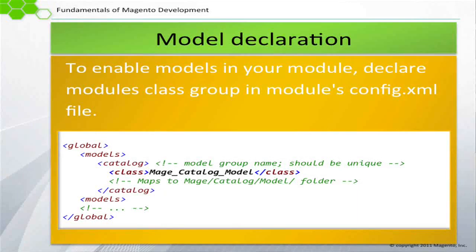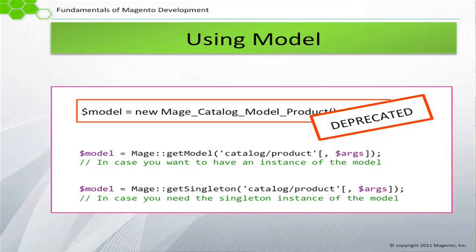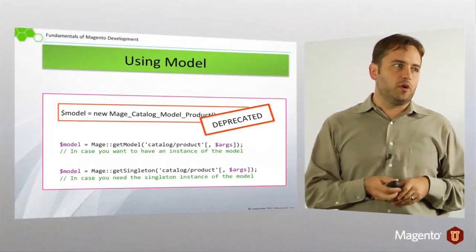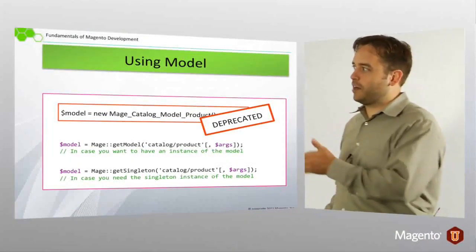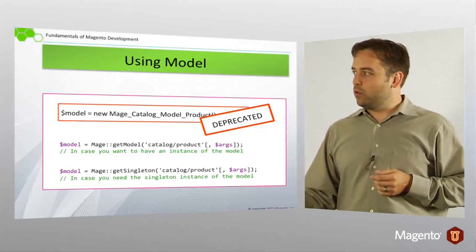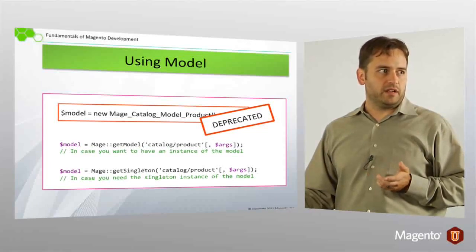All right, so we've seen some of these calls here. This is deprecated, you would never do this. Obviously, if you instantiate these classes directly, you wouldn't ever be able to override them. That's why we use the factory, get model, or get singleton in the case of entity models.